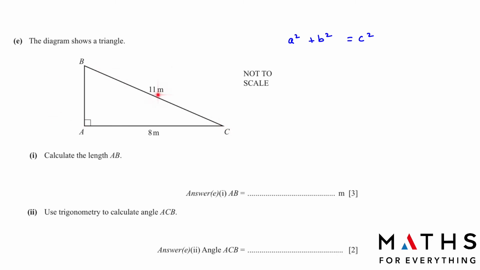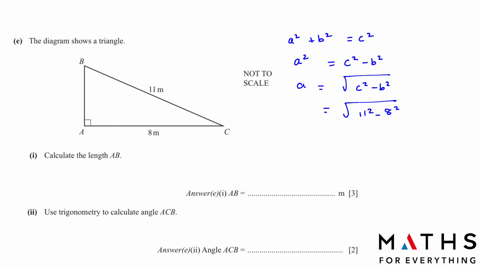So in this question we have one of the sides and the hypotenuse. So let's say I want to find side A. So c square minus b square. A is equal to square root of c square minus b square. Hypotenuse is 11 and the other side given to us is 8.